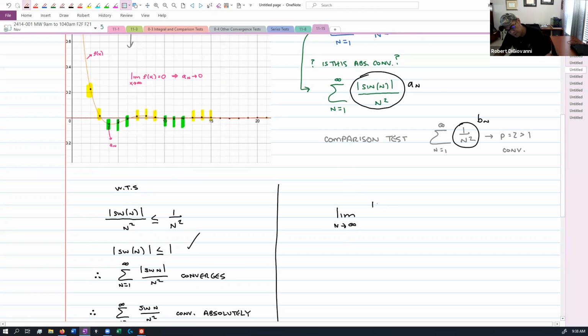That would be the absolute value of sine of n over n squared, divided by 1 over n squared. And what do you get when you flip and cancel? The limit as n goes to infinity of what? Just the absolute value of sine of n, right?